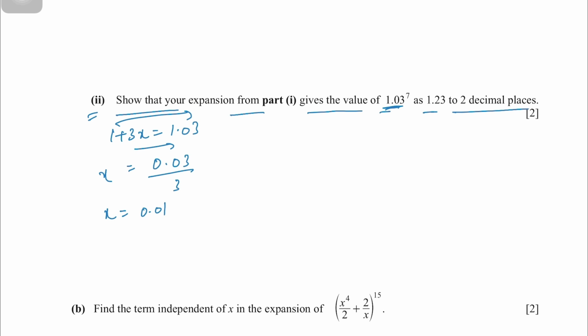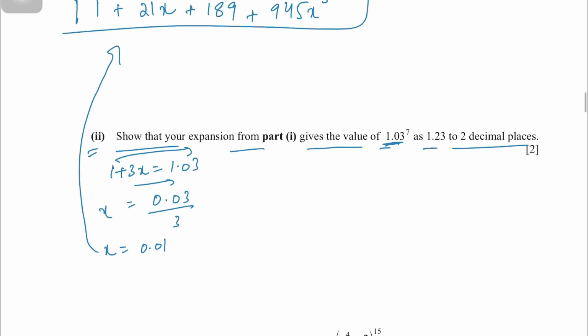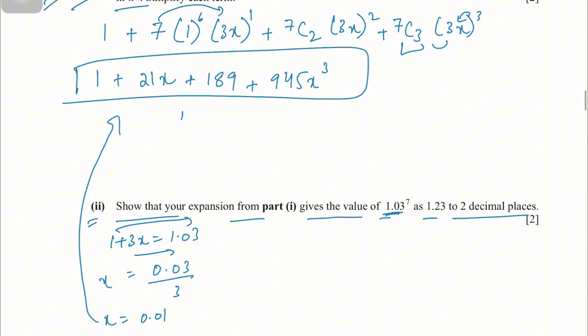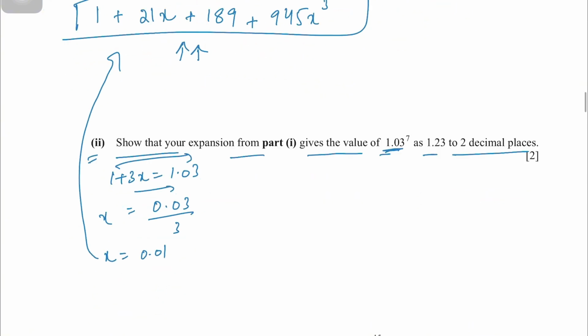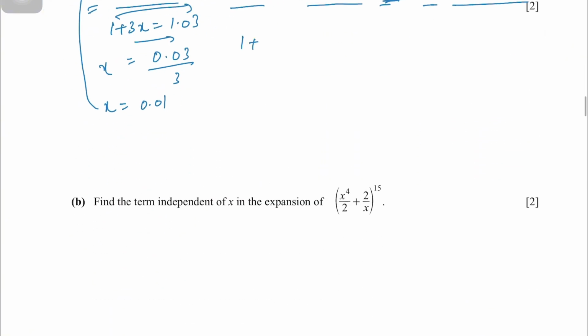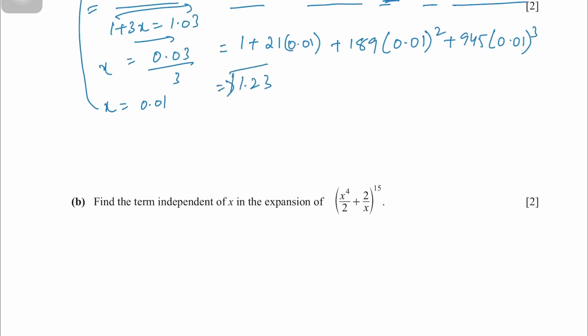We can substitute x as 0.01 in this equation. So we get 1 plus 21 into 0.01, plus 189 into 0.01 squared, plus 945 into 0.01 cubed, and then we solve it to get our answer as 1.23.